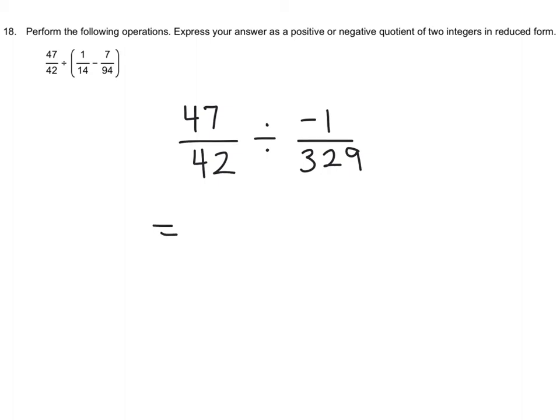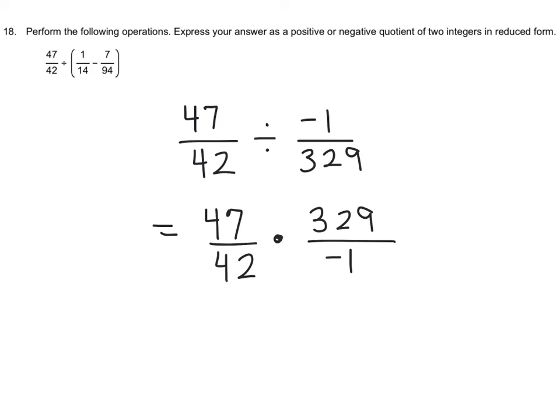In order to divide fractions, I keep the first fraction, I change the division sign to a multiplication sign, and then I flip the second fraction. I can go ahead and multiply the numerators together and then multiply the denominators together and then reduce the fraction. But to save me some work, I'm going to reduce the fraction right now.